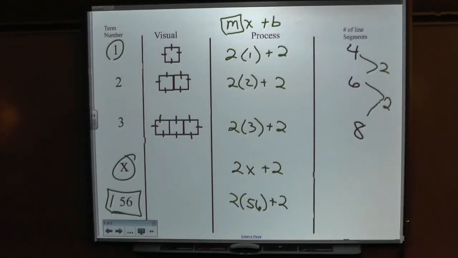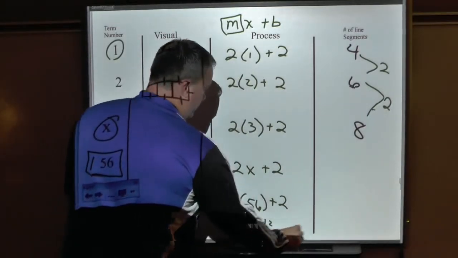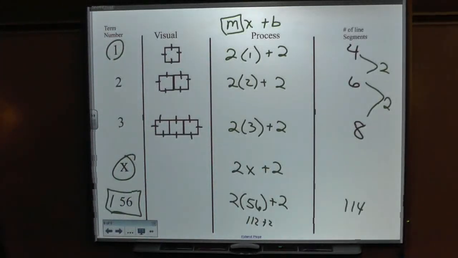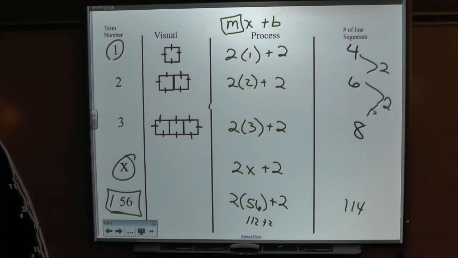So as you look at this, 2 times 56 gives you 112. Plus 2, so 112 plus 2 gives you 114. So you can assume that if you have 56 boxes, you're going to end up with 114 line segments. That's the whole idea of these patterns, is your ability to predict what will happen later.